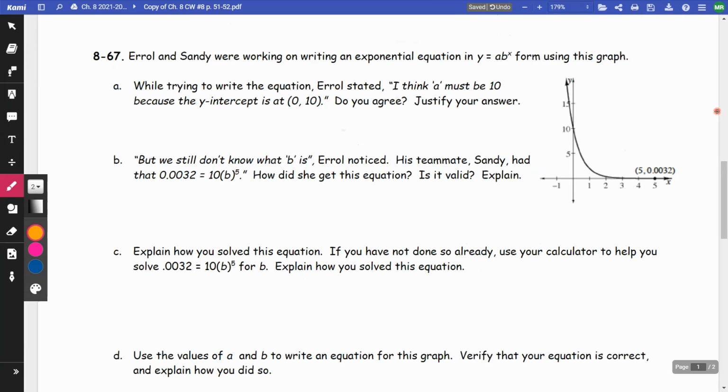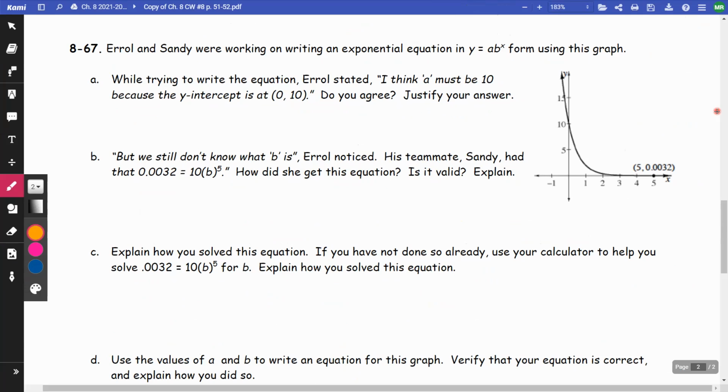Now on this page, it says Earl and Sandy were working on writing an exponential equation, y equals a times b to the power x form, using this graph. While trying to write the equation, Errol stated, I think a must be 10 because the y-intercept is at (0, 10). Do you agree?